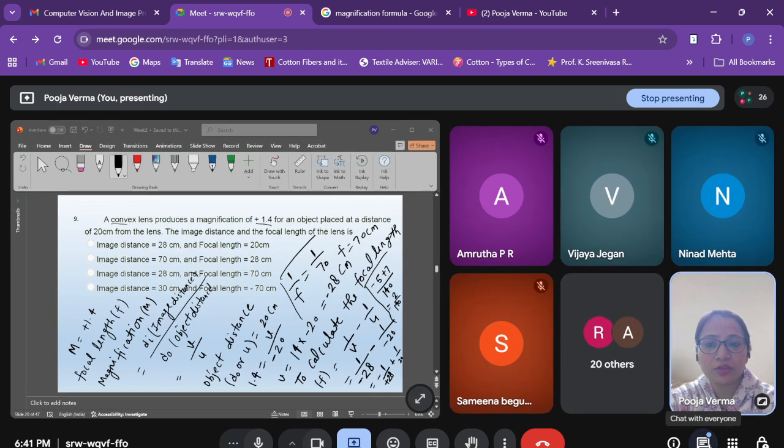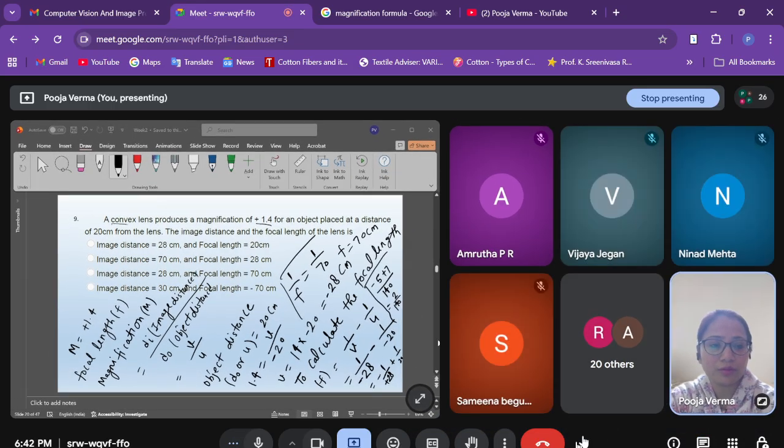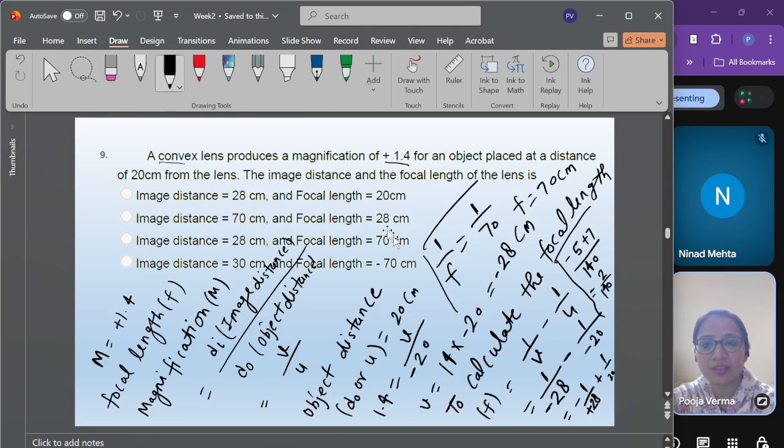Okay, so actually none of the options is correct. There are some mistakes in the options. So the final answer: the image distance is minus 28 centimeter, that is v, and the focal length is 70 centimeter.